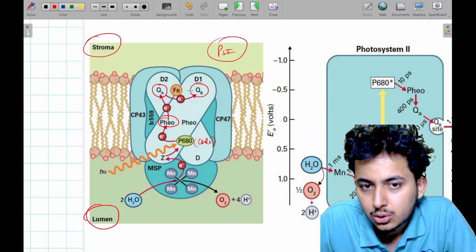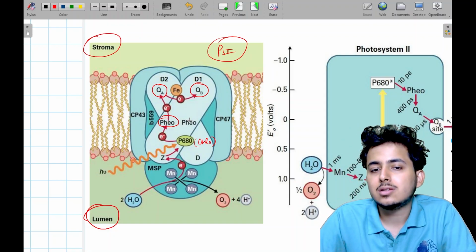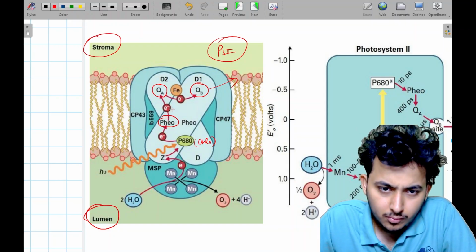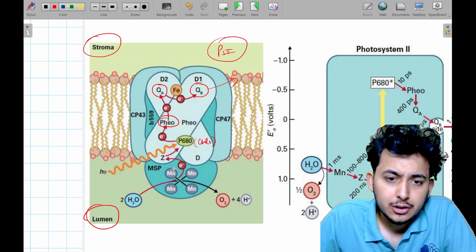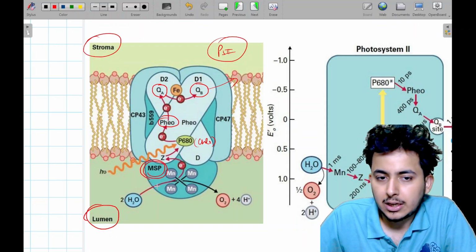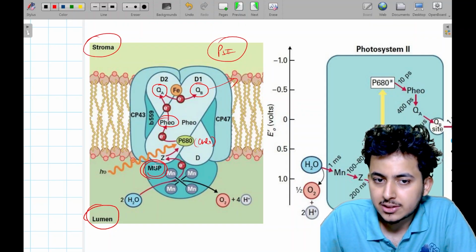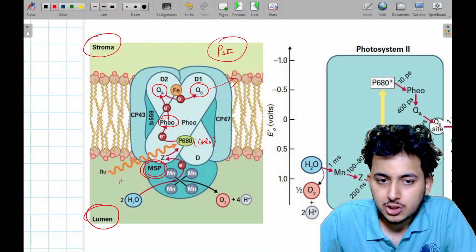Once the electron is passing from QA to QB, there are other carriers which are present. Here you have this MSP, the manganese stabilizing protein, which is part of the oxygen evolving complex, OEC, or the water splitting complex.